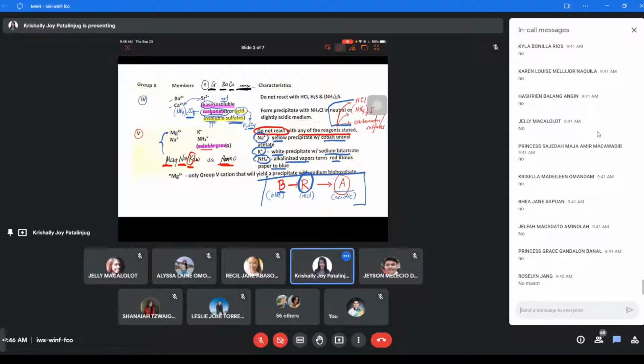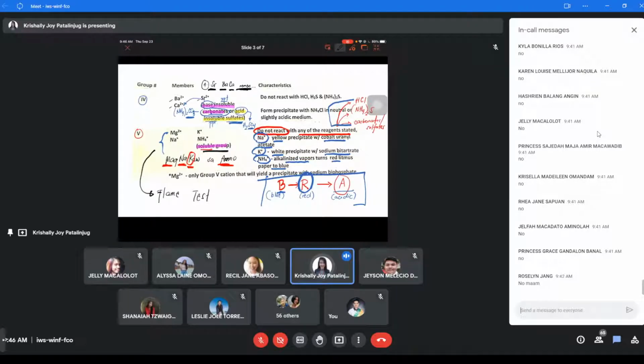For the soluble group, the best way to identify them is using the flame test. We have a separate activity regarding flame testing, so I owe you that for now. Just know for now that the best way to identify ions of the soluble group is via flame testing.